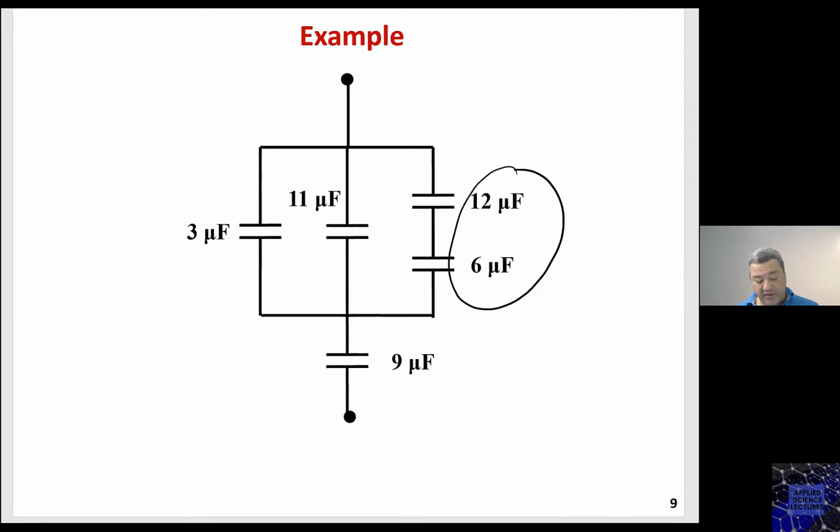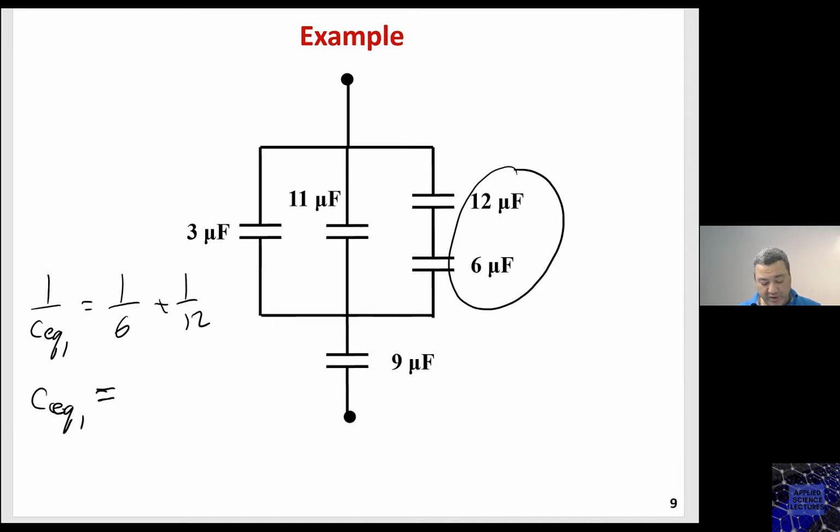If I am to calculate the equivalent capacitance for 6 and 12, then 1 over C equivalent 1 equals 1 over 6 plus 1 over 12. Always remember the units.